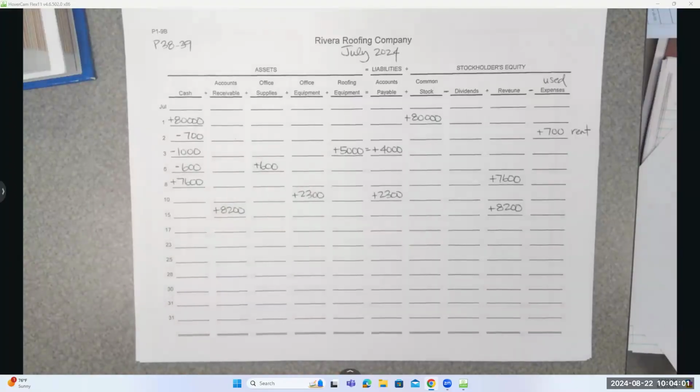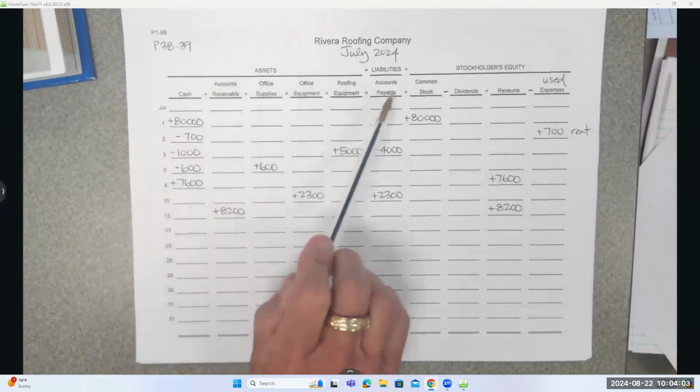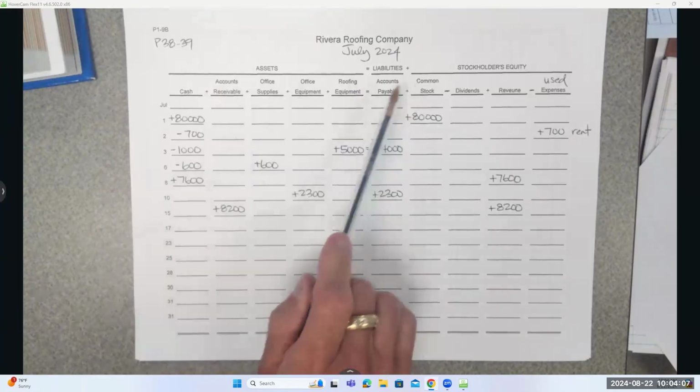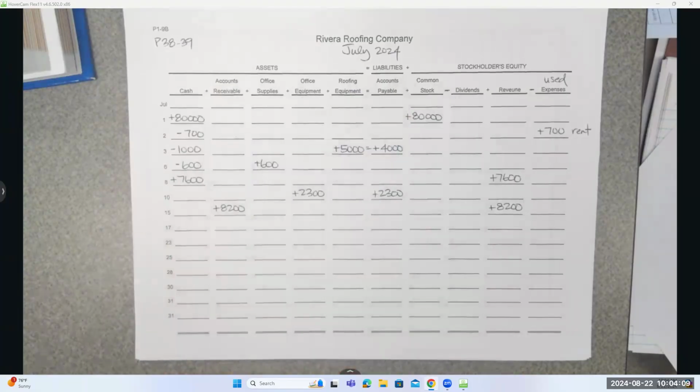On account or on credit will either be accounts receivable or payable. And again, it's receivable if later we're going to receive the money. It's payable if later we're going to pay them. We purchased another 3,100 of supplies on credit.